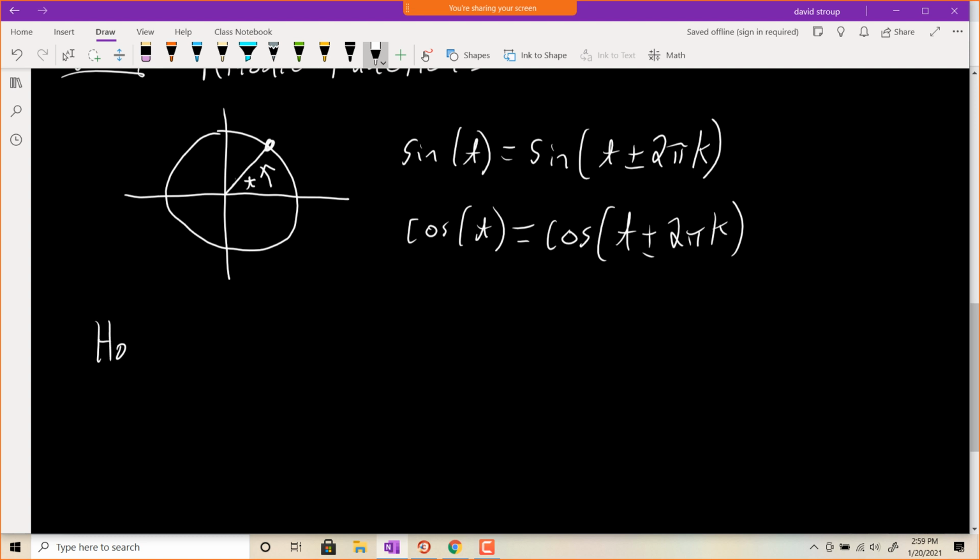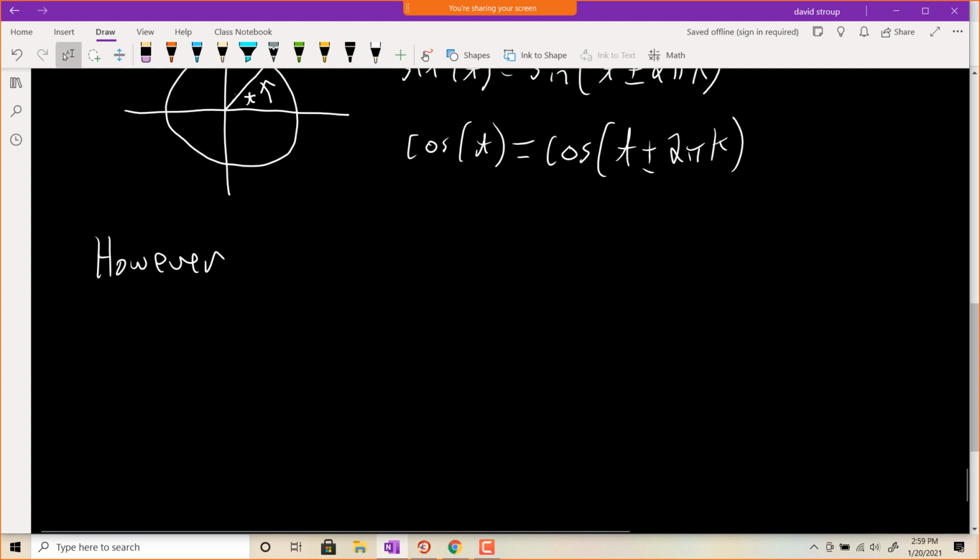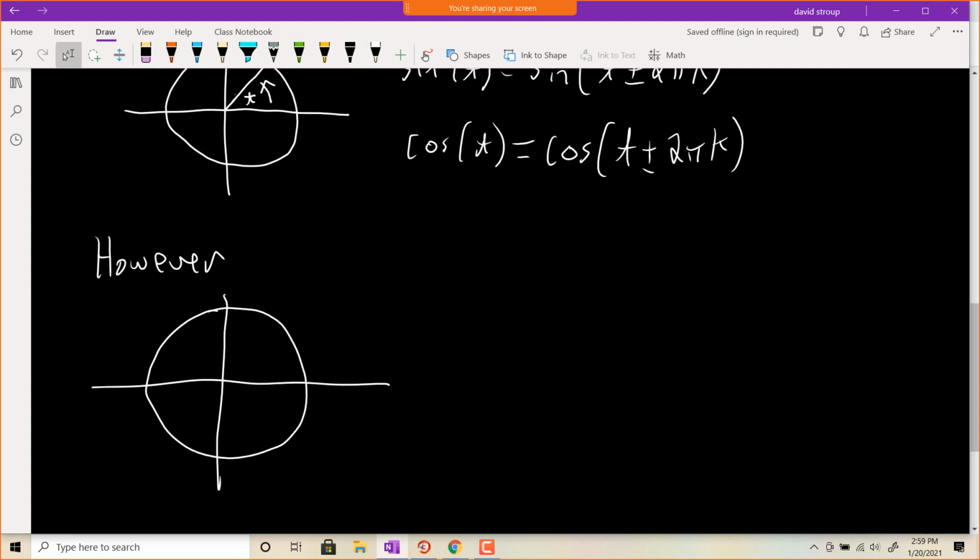So again, you have to be careful, though, because if you deal with the tan function, let's recall, what is tangent? The way we've defined tan of t is y over x.